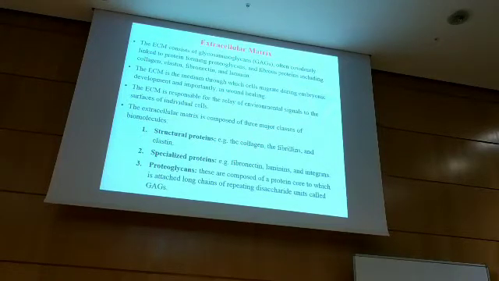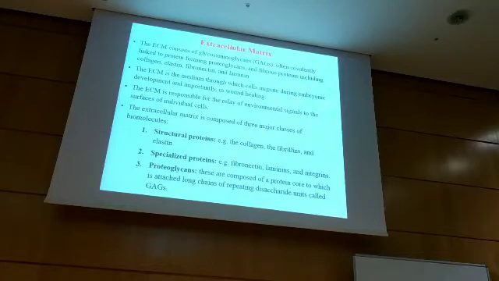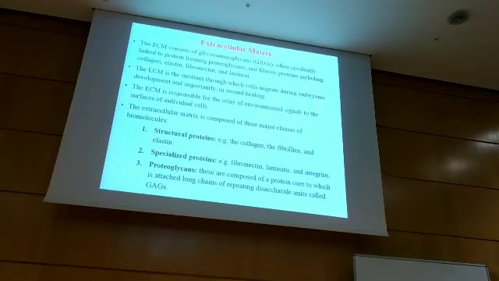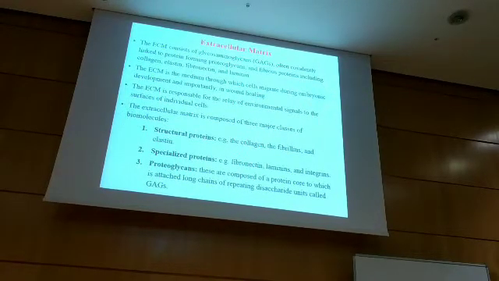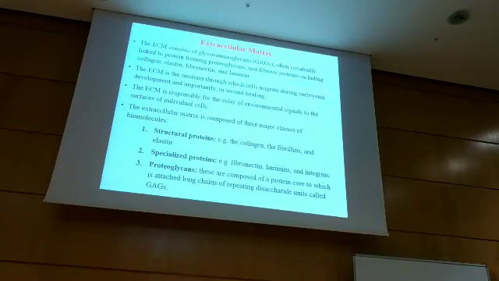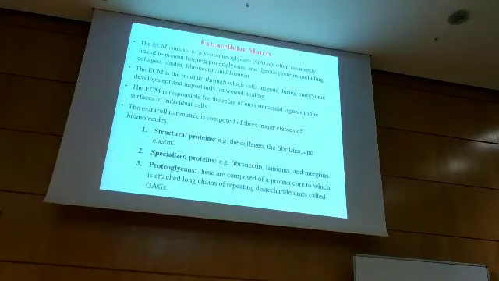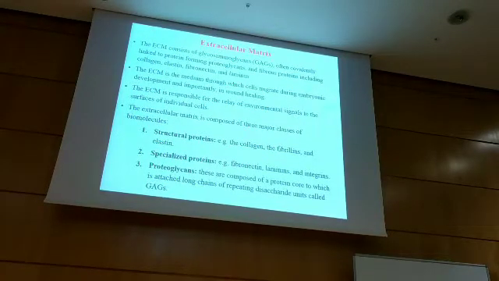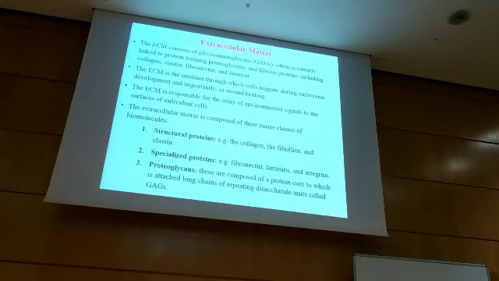It is made up of structural proteins like collagen, fibronectin and fibrillin, and specialized proteins and proteoglycans, or GAGs. The GAGs are actually carbohydrates. They are disaccharide units that are linked together to make these long molecules.